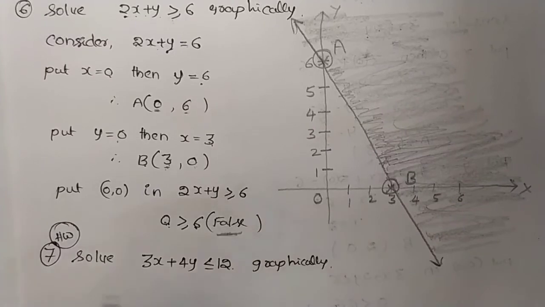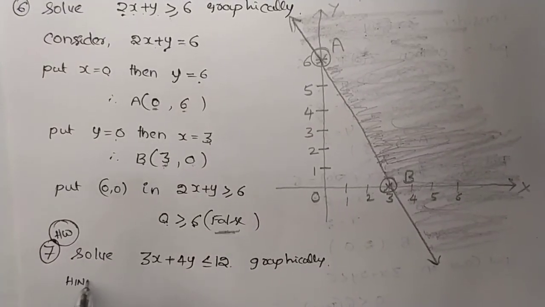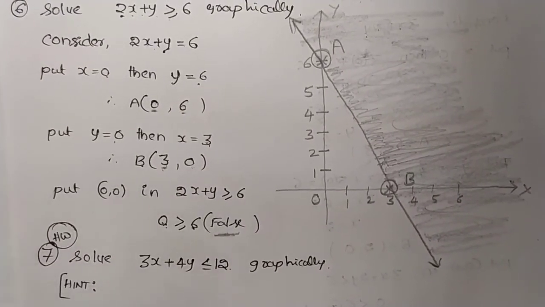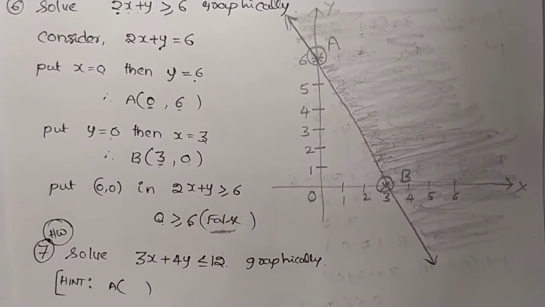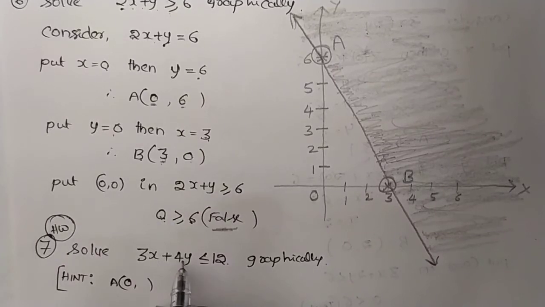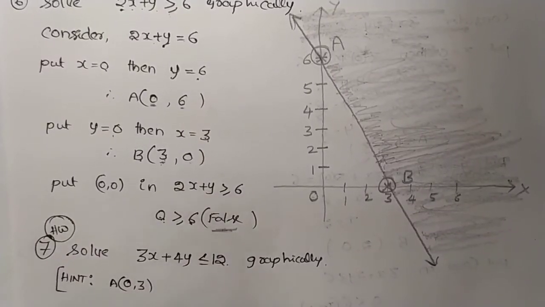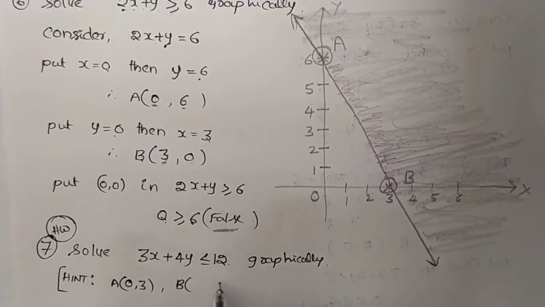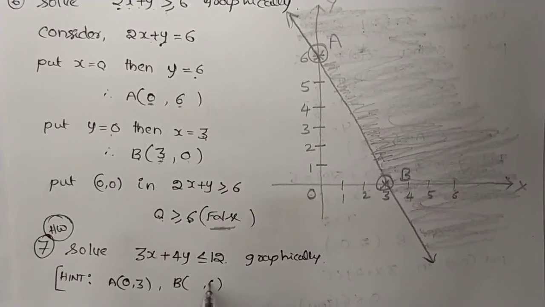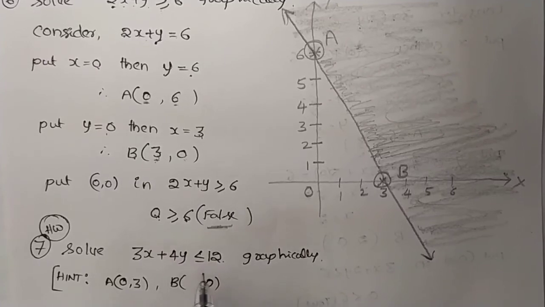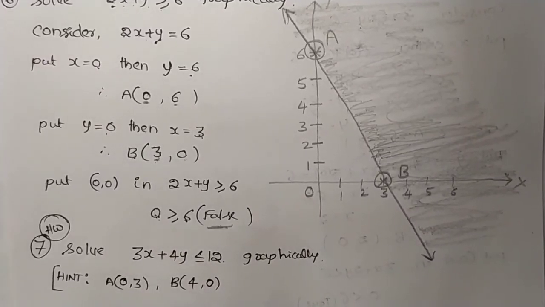If you want, I will give a hint for this problem. The point A will be, if x is 0, then y will be 3. And for the point B, if we put y as 0, then x will be 4.